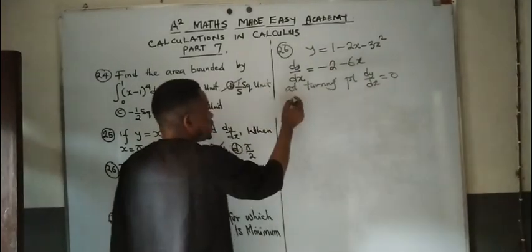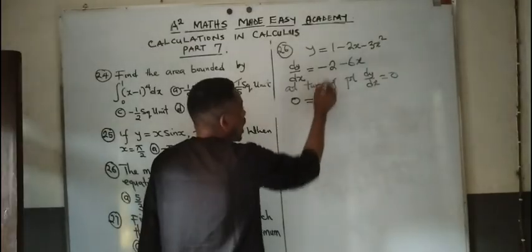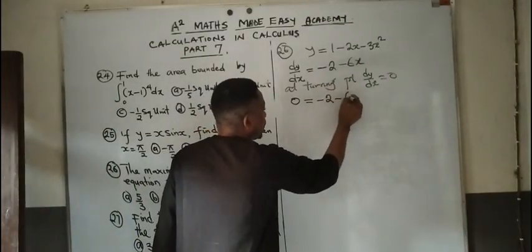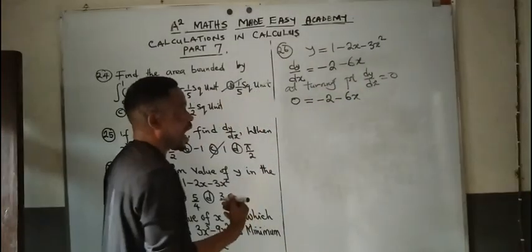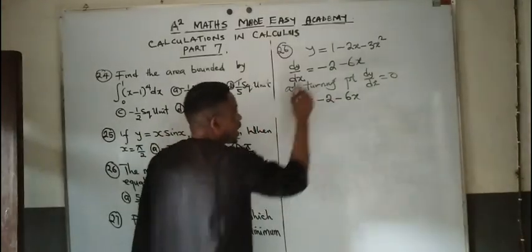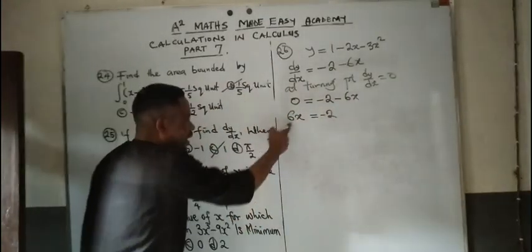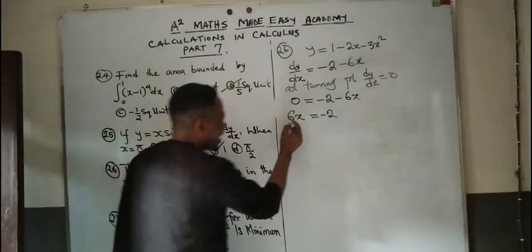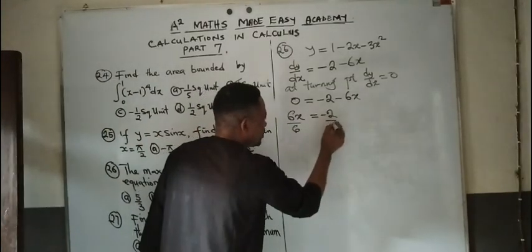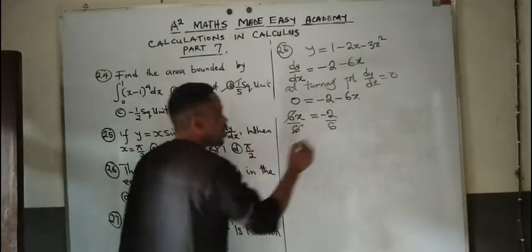Can we do that? This is now 0, right? Then equal to, I have with me minus 2 minus 6x. Collection of like terms. Take minus 6x this way, it will give you 6x equals minus 2. Can I make x subject of the formula? Yes. Divide by 6, divide by 6. So 6 will cancel 6. Oh my goodness.